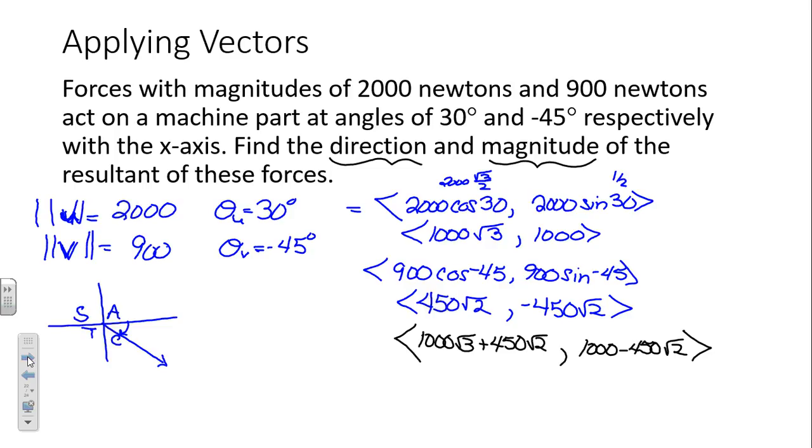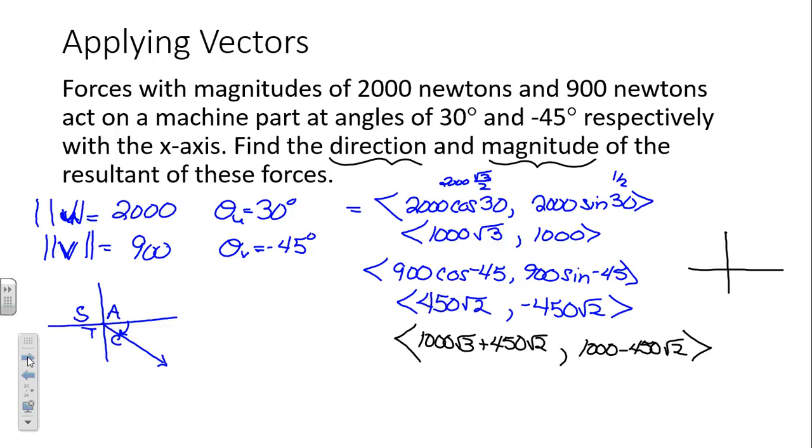So we can find the magnitude by using a squared plus b squared under the square root symbol, right? And we can find the direction angle by using what? Inverse. We want to find the angle, right? So let's think about this. Let's just pretend this is 4 and 5, or something like that.